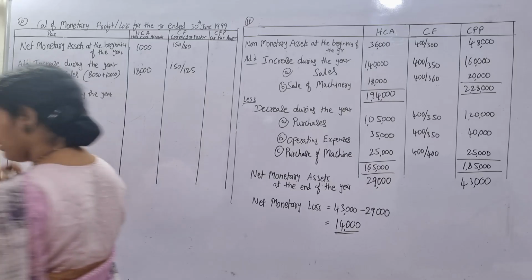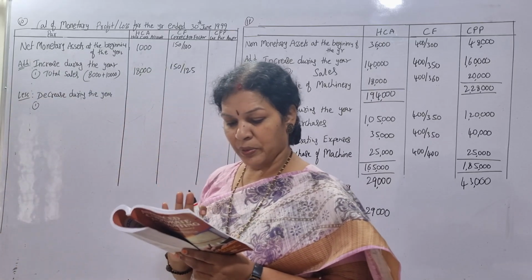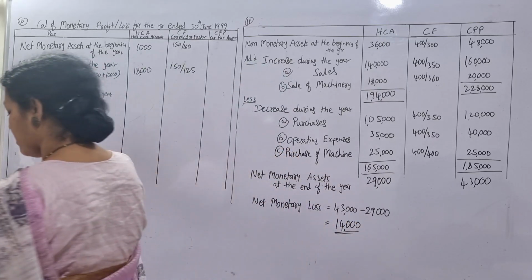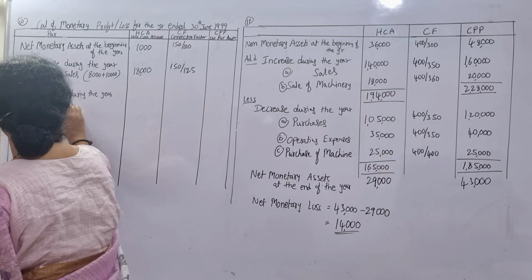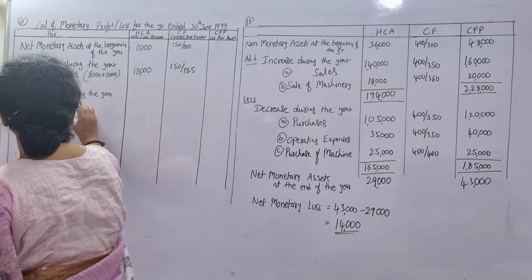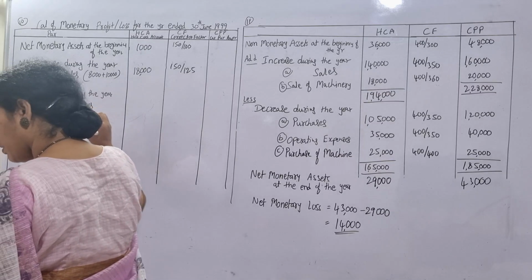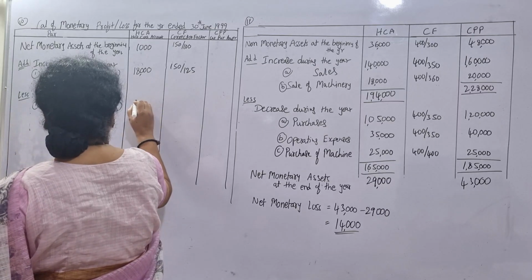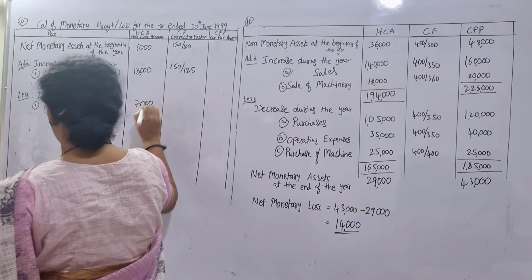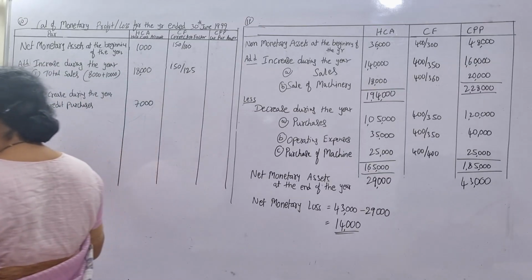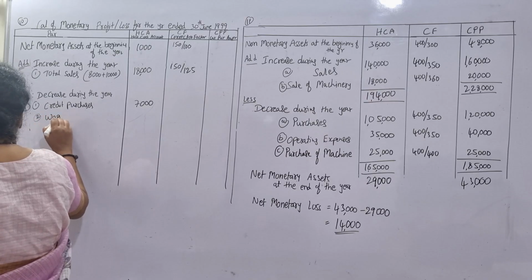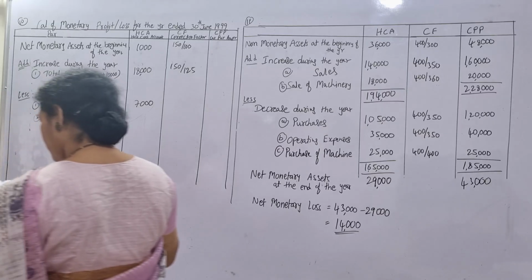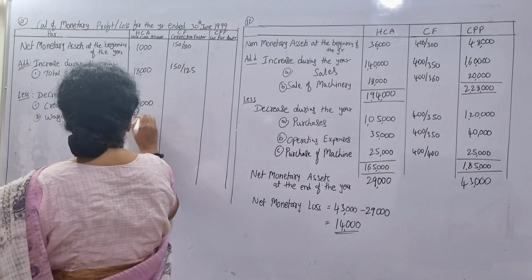Now here, decreasing, first one is credit purchases. Credit purchases are 7,000. Next, wages. Second one, wages. Wages are 2,000.